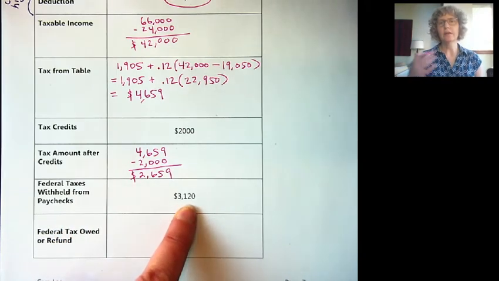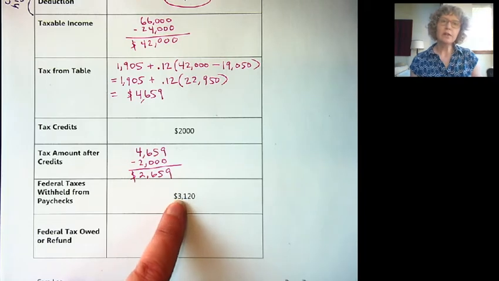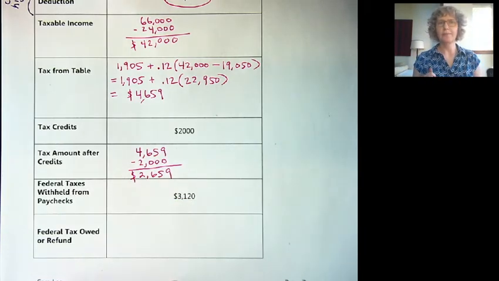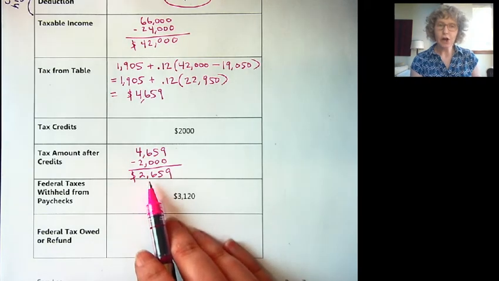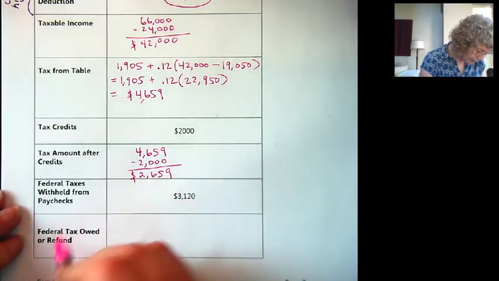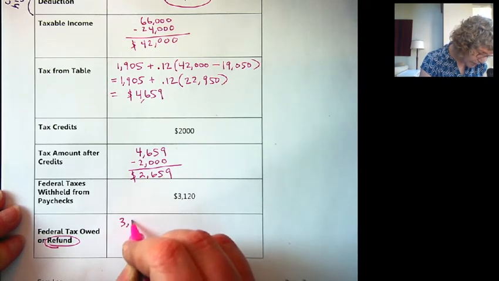So that means month by month or week by week they've already paid this much in taxes. So are they going to get a refund, or do they have to pay more money? What do you think? If you said refund, you're right, because they paid more than they actually owe. Okay, so they're going to get a refund, and let's find the difference.